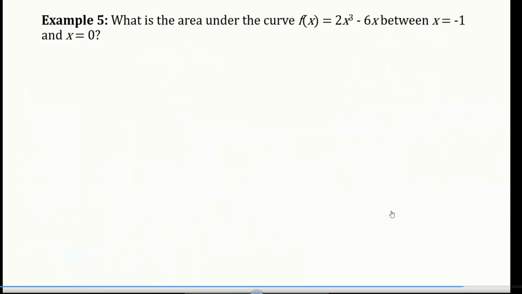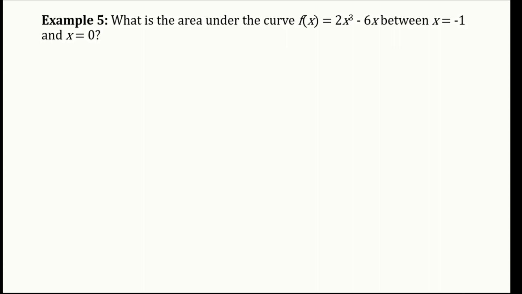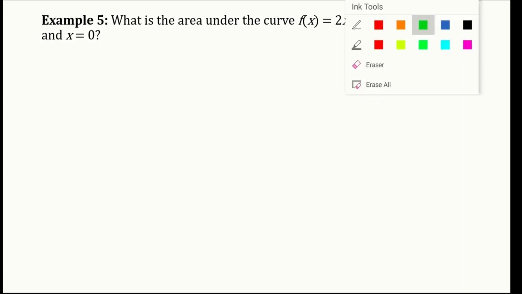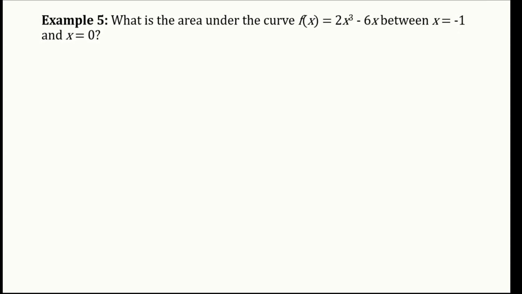and this is our final answer. And let's continue with example number 5, and this time let's find the area under the curve of the function 2x cubed minus 6x between x is equal to -1 and x is equal to 0. What we're going to do here is to use our 4 steps.